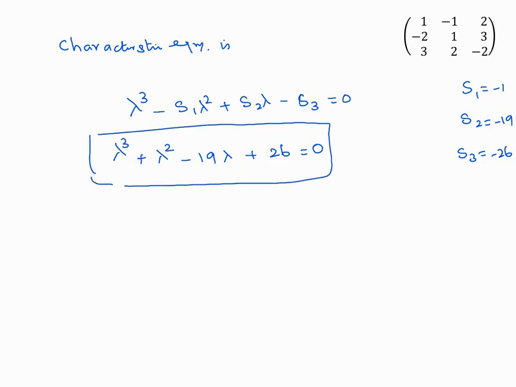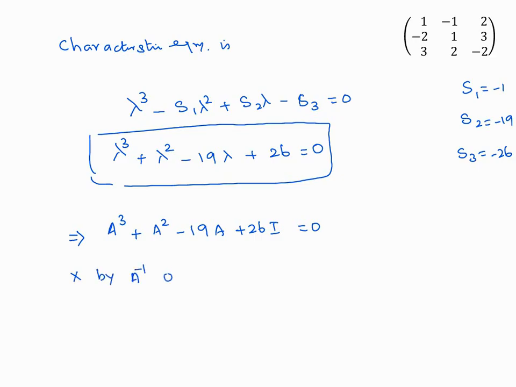Now we verify that the matrix satisfies the equation. For that, I replace lambda by A. So I write A cube plus A square minus 19A plus 26I equal to 0. But here our problem is to find A inverse. So we multiply by A inverse on both sides.